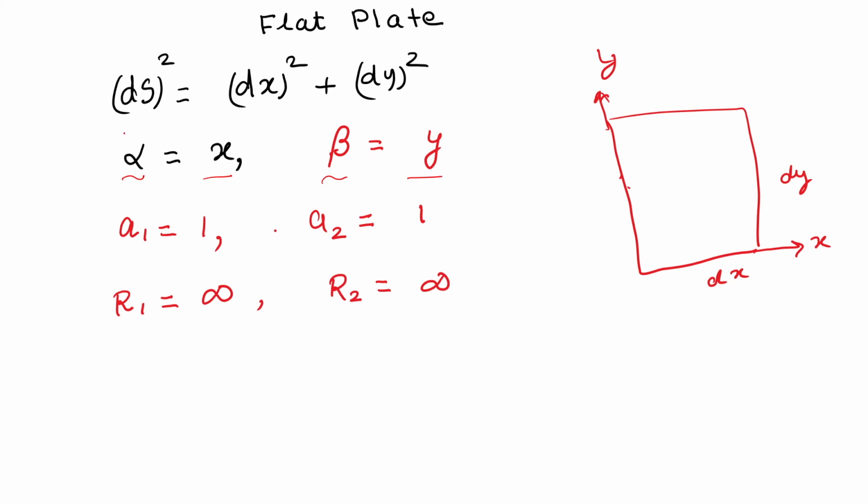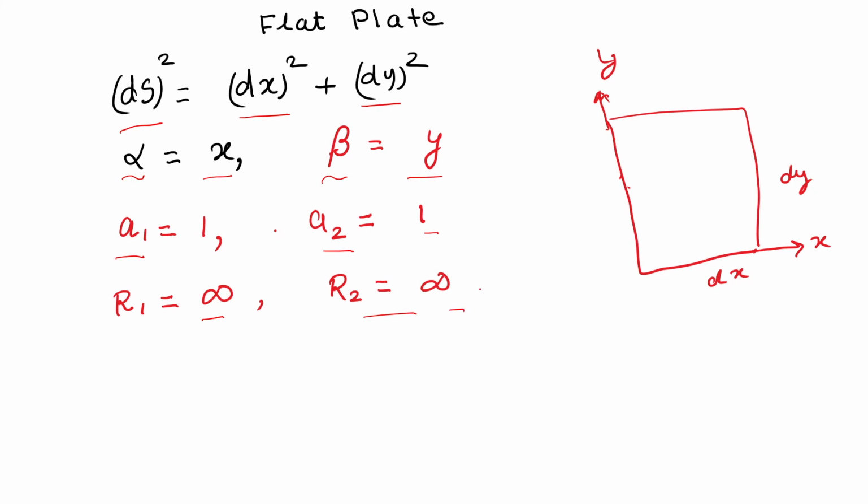You know that ds square is dx square plus dy square, and Lamé parameters a1 and a2 are 1. The radius of curvature in both directions is infinity.